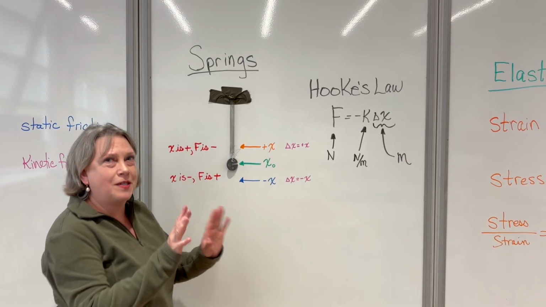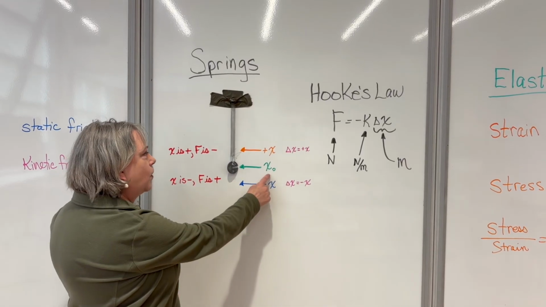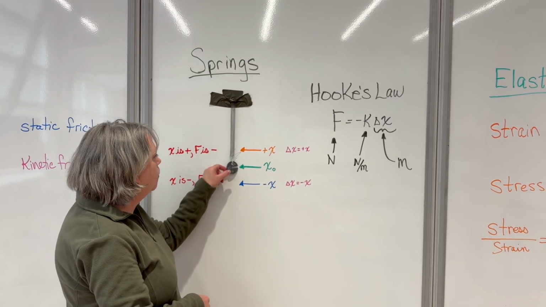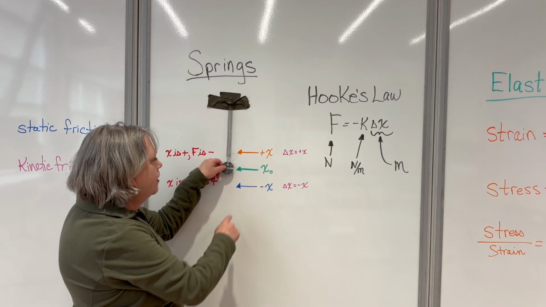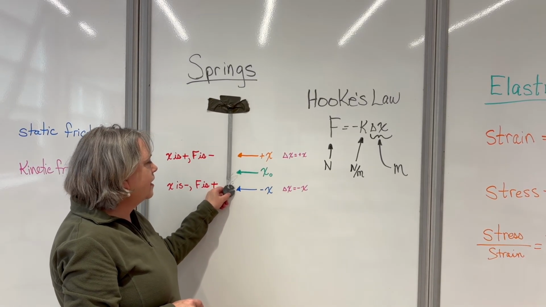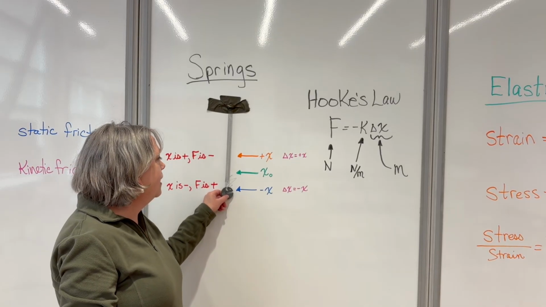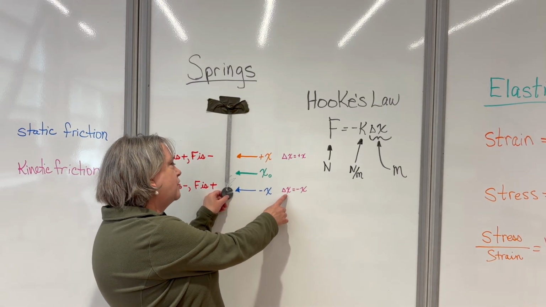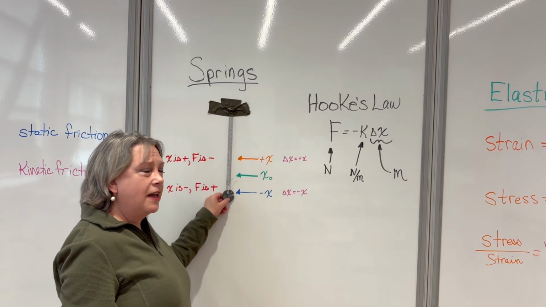Okay, so I've set up a little demo here. I've got my mass on a spring and I'm in equilibrium, so we'll call that x naught. If I imagine my origin was right here, and I pull this down to here, I now have a negative x position. So my delta x, final minus initial, gives me a negative x.